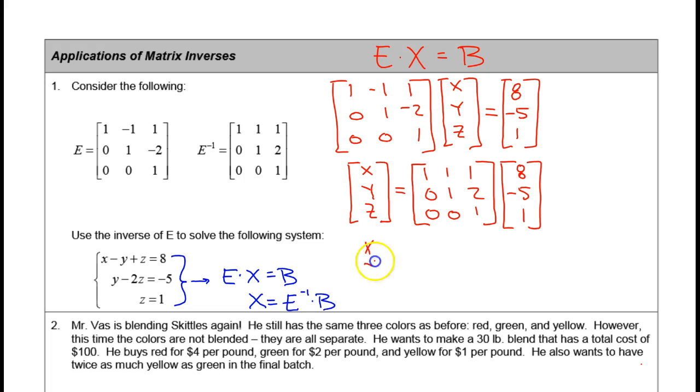Let's go ahead and start by writing out that matrix X. And now what we're going to do is matrix multiplication. I'm going to do some color coding here so you can follow along. First, I'm going to do that row by this column, and that's going to give me 8 minus 5 plus 1.